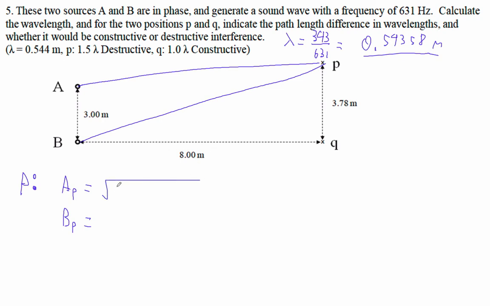Okay, so A to P is, let's do this. We are 8 meters in the x direction, using the distance formula here, right? And then if we draw across like this, the distance here is only 0.78. That's 3.78, take away 3. So that number is going to be very close to 8. So let's do this. There it is. Okay.